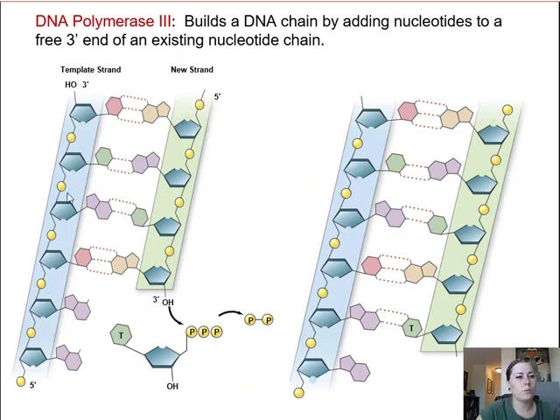Here we have the old parental strand of DNA in the blue and a new strand of DNA in the green. Down here you have your 5-carbon sugar, and at the 3' location you have an open hydroxyl group. That hydroxyl group is then going to bind to a new nucleotide that DNA polymerase III will add.